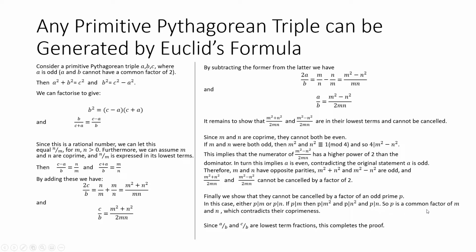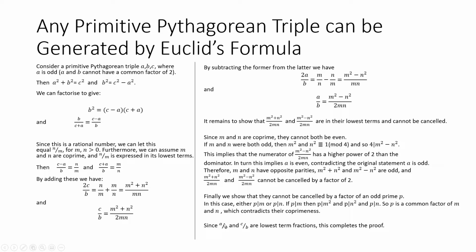So p is therefore a common factor of both m and n, and that contradicts what I said about m and n being coprime. So therefore we cannot cancel either of these by an odd prime factor, and so a over b and c over b are both in lowest terms.